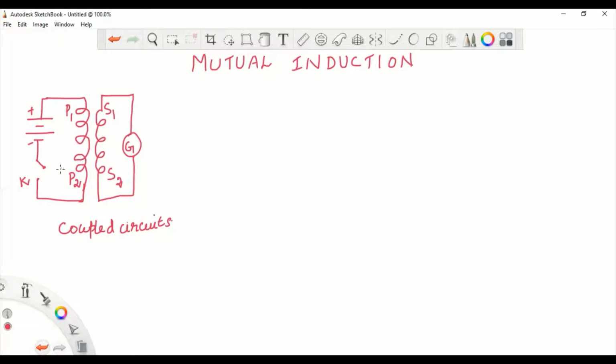Since the secondary coil is placed very close to the primary, the magnetic flux linked with the secondary also begins to increase. This sets up an induced current in the secondary.